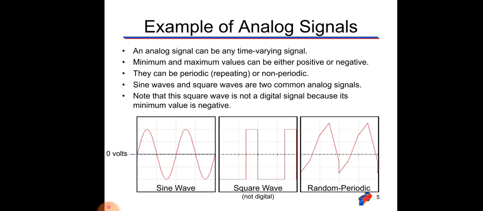The fourth point is sine waves and square waves are two common analog signals. Mostly the sine wave and square wave are generally used for analog signal transmission. In the second diagram you can see the square wave. It looks like a digital signal, but it is not a digital signal, as we know that we can represent logic levels as 1 or 0 in the digital signal.